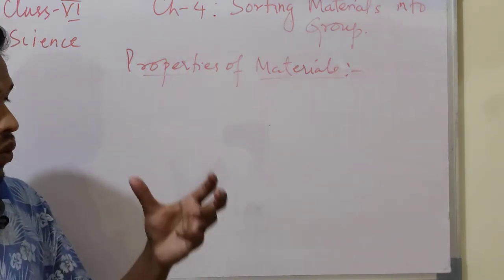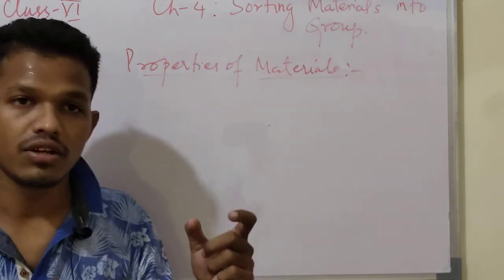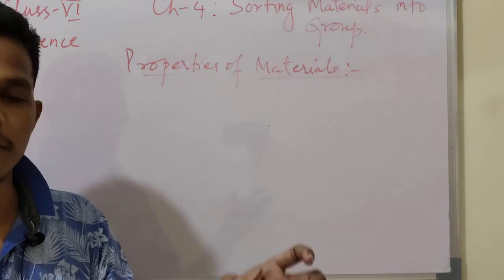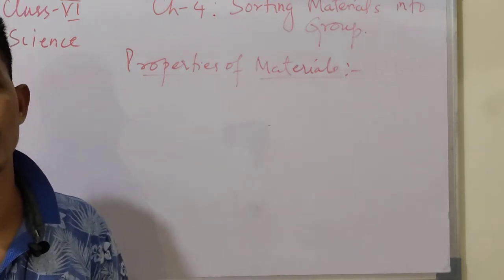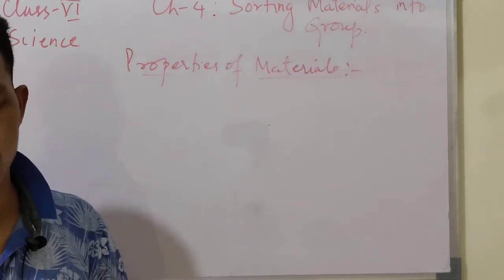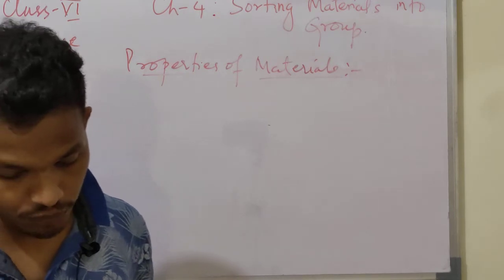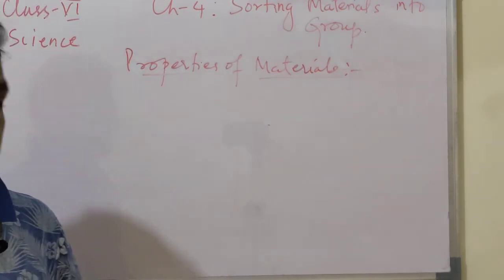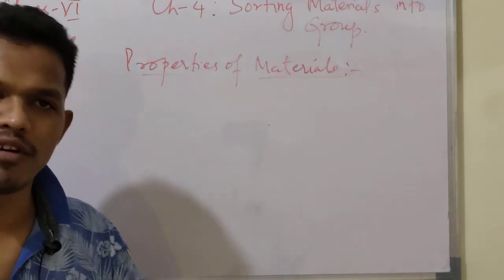So a container for storing liquids is made up of different materials. Would it be wise to use a paper-like material for a cooking vessel? Are cooking utensils made up of paper?